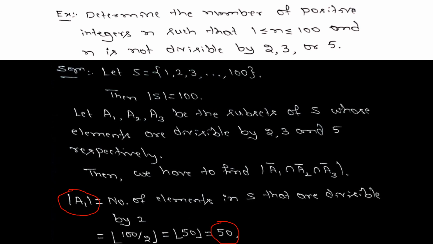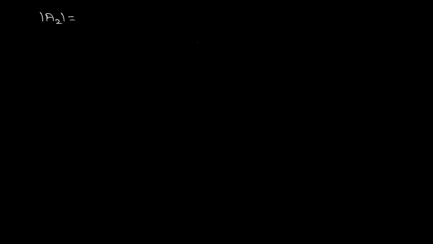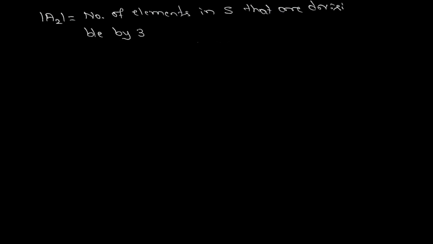Now let us find the cardinality of A2. Cardinality of A2 is given by the number of elements in S that are divisible by 3. The number of elements which are divisible by 3 means, suppose you have 1, 2, 3. The third integer here is divisible by 3.